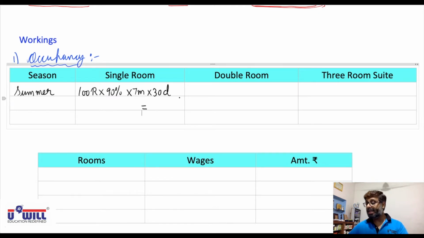So the total would come to 100 into 90% into 7 months into 30 days. So that comes to 18,900.